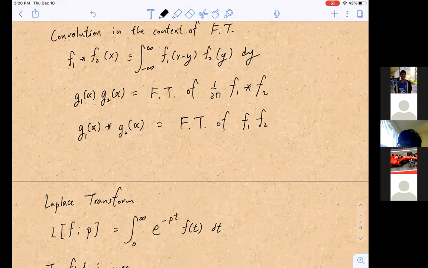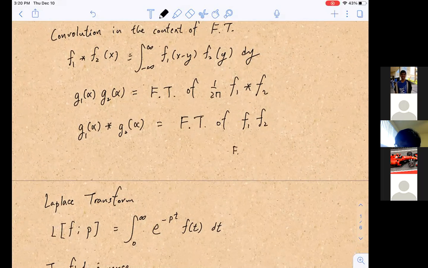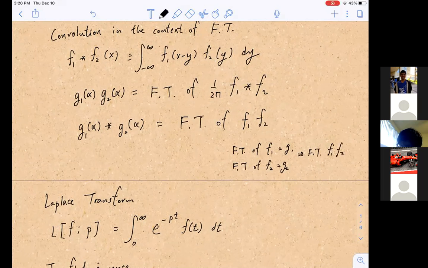So if you know the Fourier transform of f1 is g1, and the Fourier transform of f2 is g2, then the Fourier transform of f1 times f2, this may not be easy to do, but you know it's the convolution of g1 and g2.